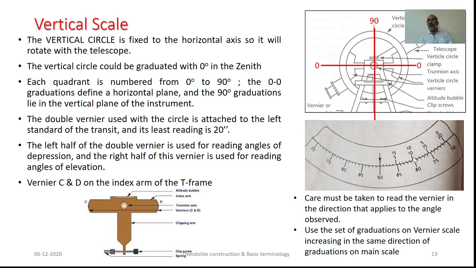So if there is an angle of elevation, the graduations will be increasing in order, so one has to refer to this lower scale. Whereas if there is an angle of depression, at that time the graduations which are decreasing in order should be referred.